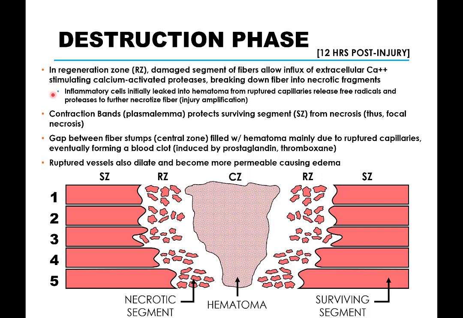In addition to these free radicals, these inflammatory cells that have leaked into the damaged area also release their own proteases, which, as we know, will catalyze proteolysis, protein degradation. So more degradation of intramyocellular proteins. Altogether, the greater the rupture, the greater the infiltration of inflammatory cells, and thus greater degradation and necrosis.